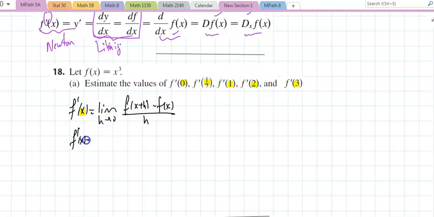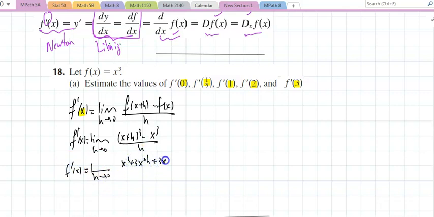So f prime of x would be the limit as h approaches 0 of f of x plus h, which is x plus h cubed, minus f of x, which is x cubed, over h. That is the limit as h approaches 0 of x cubed plus 3x squared h plus 3x h squared plus h cubed minus x cubed all over h. Those cancel out.